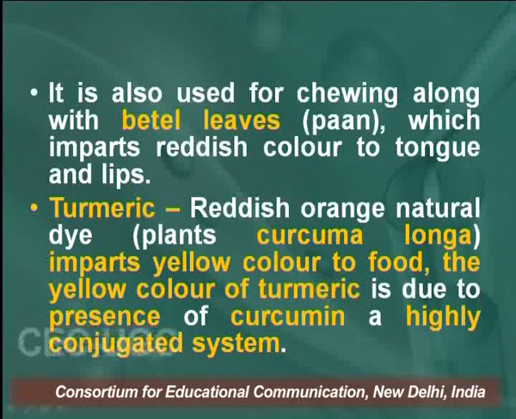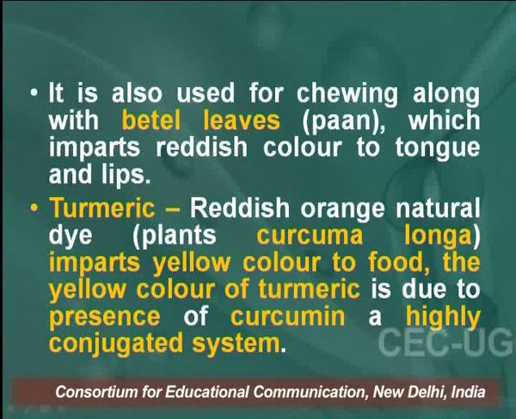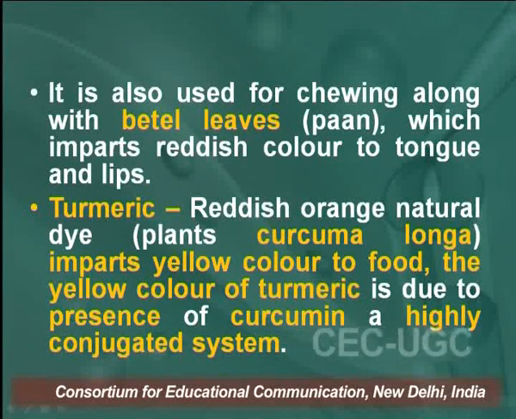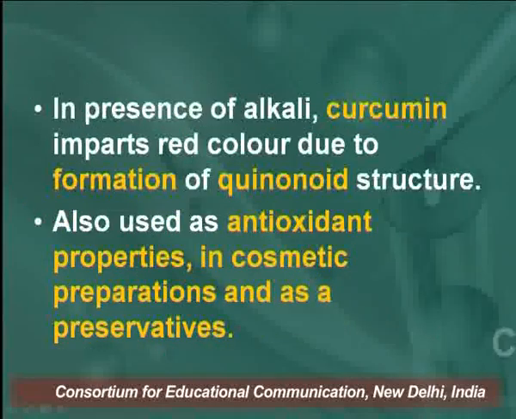Turmeric gives a reddish orange natural dye, and it is obtained from the plant Curcuma longa, and it imparts yellow color to food. And learners, very important, the yellow color of turmeric is due to the presence of an organic compound, curcumin, which is a highly conjugated functional group. Due to the presence of curcumin, turmeric gives a red-orange color.